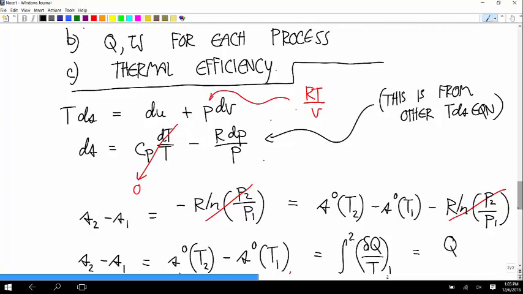Isothermal. So, I mean, if it's isothermal, there's no change in temperature. We're thinking of during each of these individual processes. So there can't be any change in temperature. So dT has to be 0.